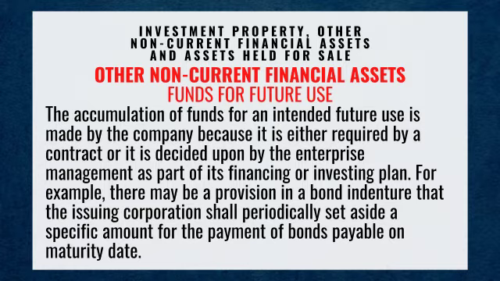The accumulation of funds for an intended future use is made by the company because it is either required by a contract or it is decided upon by the enterprise management as part of its financing or investing plan. For example, there may be a provision in a bond indenture that the issuing corporation shall periodically set aside a specific amount for the payment of bonds payable on maturity date.